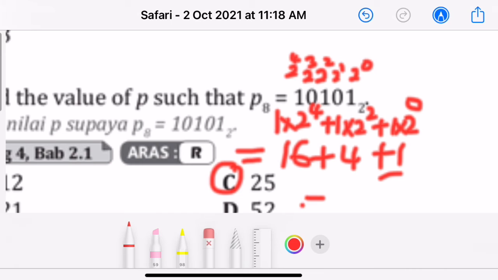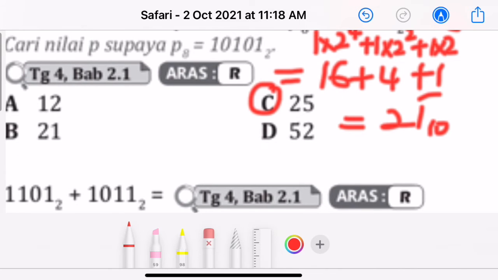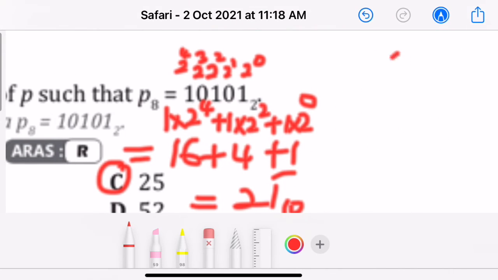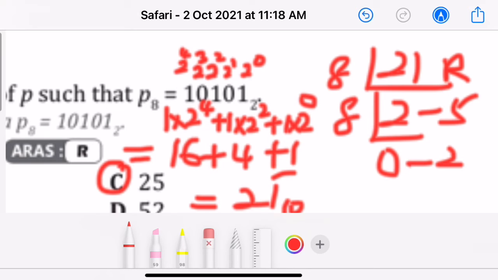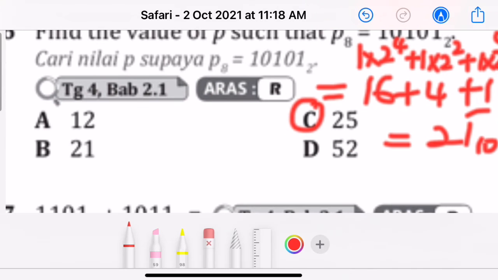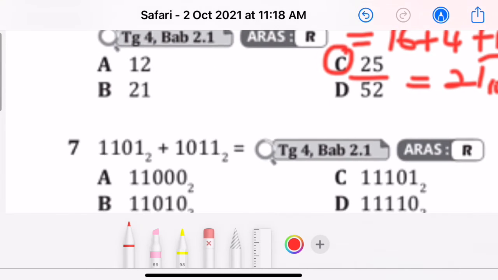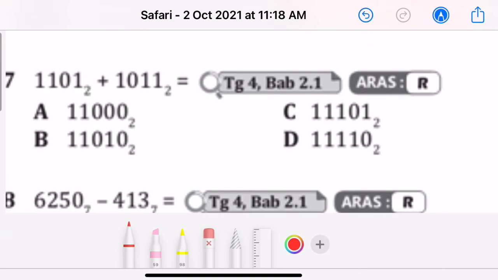From the base 10 number, we can convert to base 8 by dividing by 8 and finding the remainder. 8 times 2 is 16, remainder 5. 8 into 2 is 0, remainder 2. After we get 0, we stop. Then we read from bottom up: 2, 5, right? Still the same.